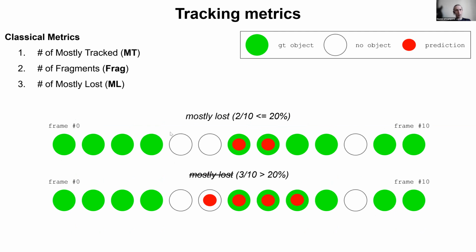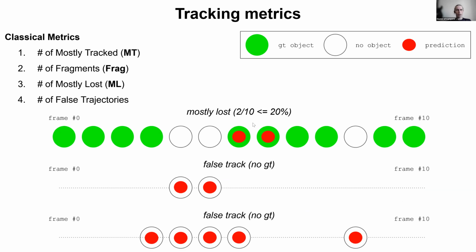Mostly lost is the number of ground truth trajectories covered by our predictions on no more than X% of frames. Usually, this threshold is selected according to mostly tracked. I mean, if in mostly tracked we want to see coverage of at least 80%, then in mostly lost, no more than 20%. However, this is not strict. And false trajectory is a predicted trajectory that has not been matched to any ground truth trajectory, just extra.